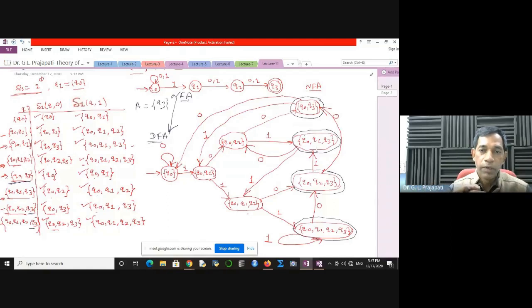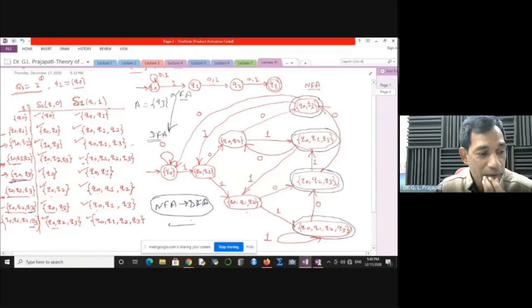It means for any language, if you have some NFA, then you will also have some DFA. So NFA and DFA are equivalent in accepting languages. The set of languages accepted by the NFA is the same as the set accepted by the DFA.